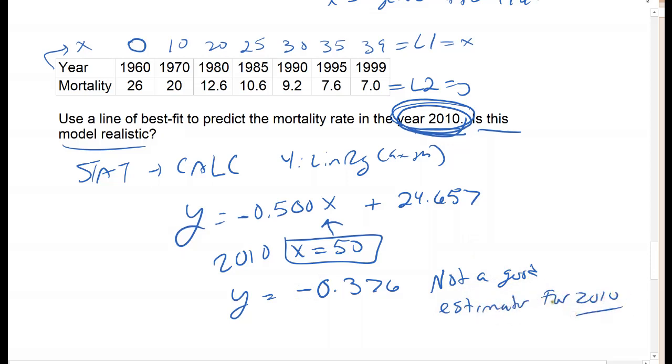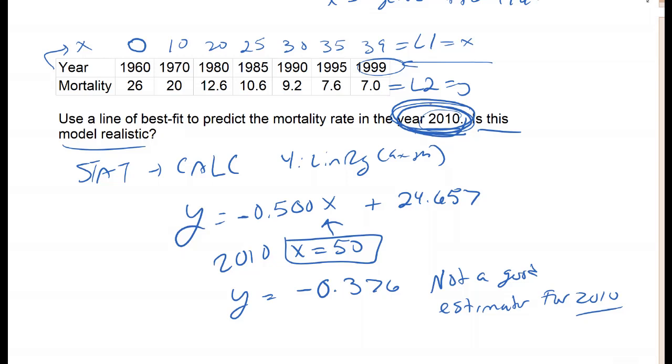for 2010. The reason why is it's never a good idea to go out so far beyond the last piece of information I have. So there's two reasons it's bad. All right, first of all, my last year was 1999. 2010 is 11 years after my last piece of information, which is problem one.